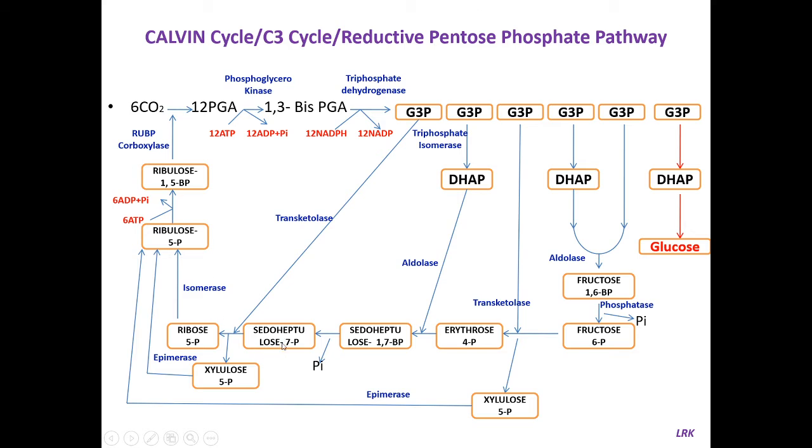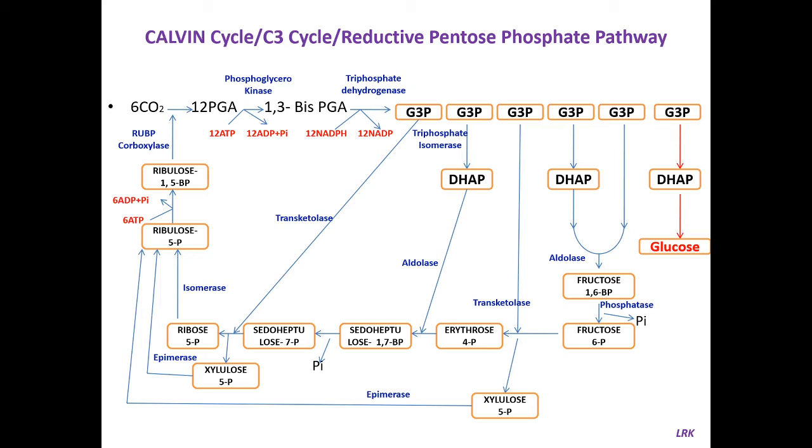And this sedoheptulose 7-phosphate condenses with one more of the remaining glyceraldehyde 3-phosphate, the 7-carbon compound plus 3-carbon compound, a total of 10 carbons, split into one xylulose 5-phosphate and one ribose 5-phosphate. So we have a total of 2 xylulose 5-phosphates and one ribose 5-phosphate at the end. These xylulose 5-phosphates undergo an epimerization reaction resulting in the formation of ribulose 5-phosphate, and this ribose 5-phosphate undergoes isomerization resulting in the formation of ribulose 5-phosphate.